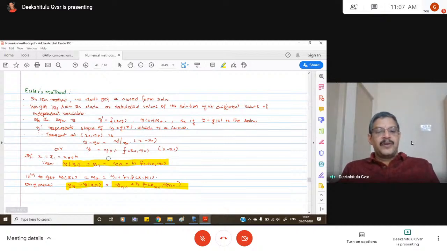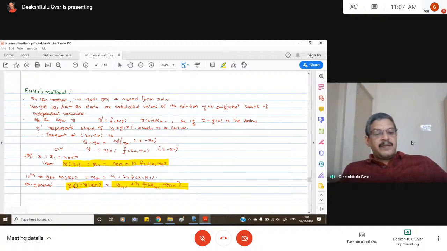On very similar lines, we try to get the tangent at x1, y1. Bring the similar terms to the other side, so y1 becomes y0 plus h into f of x0, y0. So given x0, y0, we are getting the value of y at x1, which is y1.